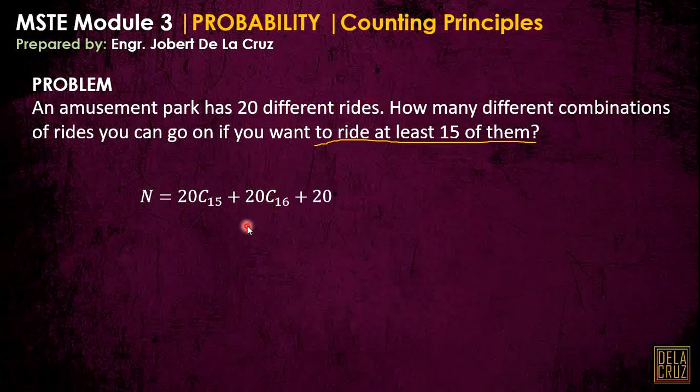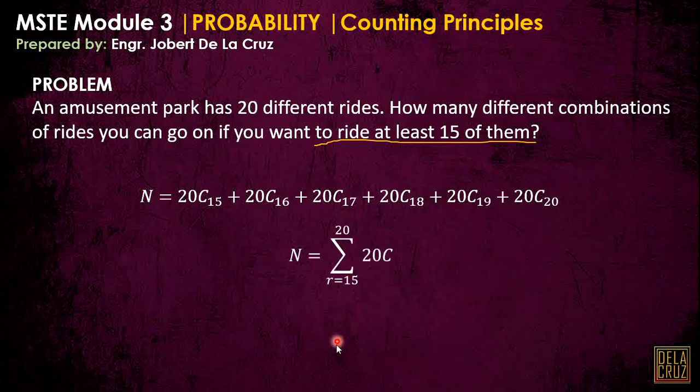So, that will be 20C15, pwedeng 20C16, pwedeng 17 rides, pwedeng 18 rides, until 20 rides. But, hindi pwedeng bumaba because at least man lang. Okay, so as you can see, ano yung ulit yung nagbabago dito? The R lang. Okay, so we can just rewrite this one as ganito. From 15 until 20. 20 CR. Okay, I hope you got this, and that is 21700 ways.